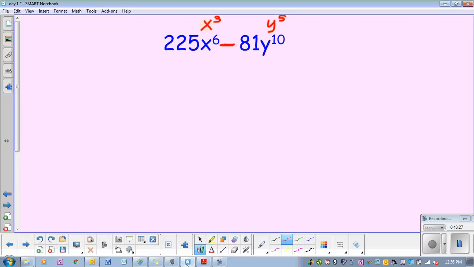So that means you need to take the 9 out first before you even do the difference of squares. It's 25x to the 6th: 225 x to the 6th divided by 9. Yeah. 25. Positive.